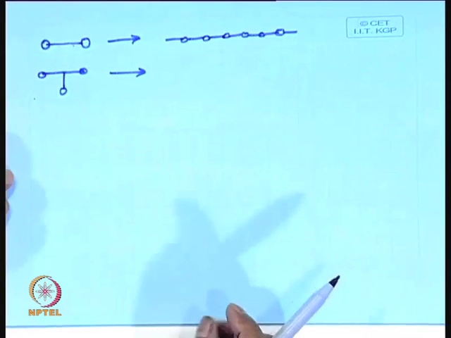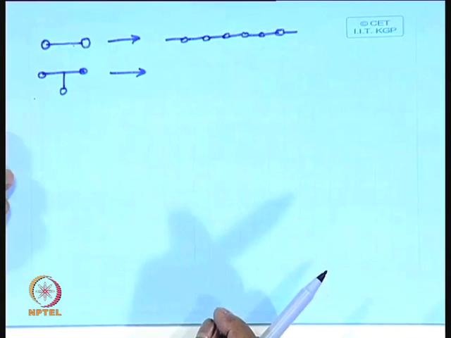Or you can have a tetrafunctional monomer, or a pentafunctional monomer, say pentaerythritol. Those who have this chemistry background know the formula of pentaerythritol. You know the formula of glycerol, that is also an alcohol.